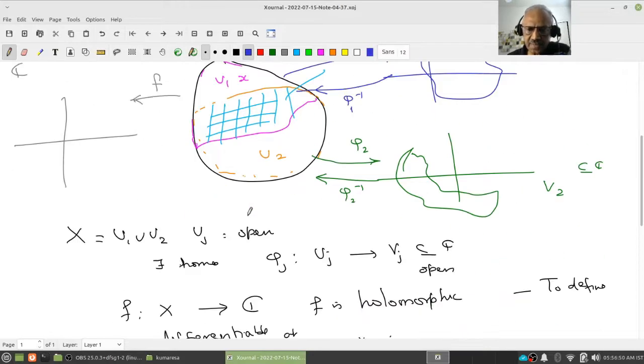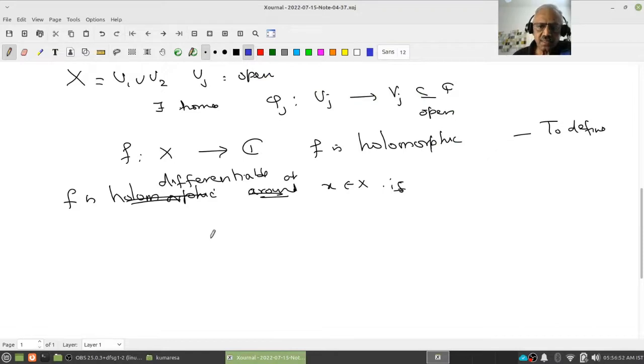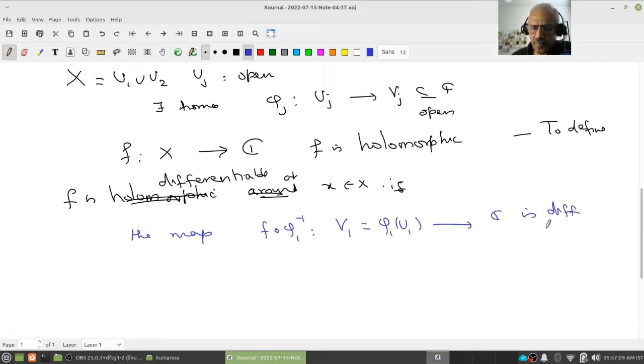Is it clear? Therefore I say f is differentiable at x if the map f composite phi 1 inverse, from v1, which is phi 1 of u1, to C, is differentiable at z1, namely phi 1 of x.